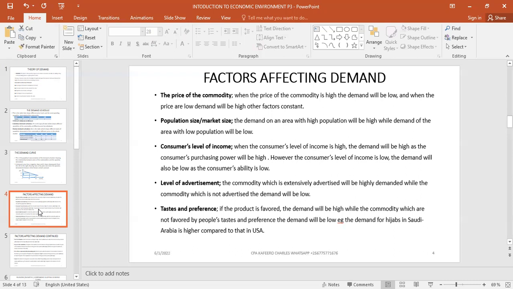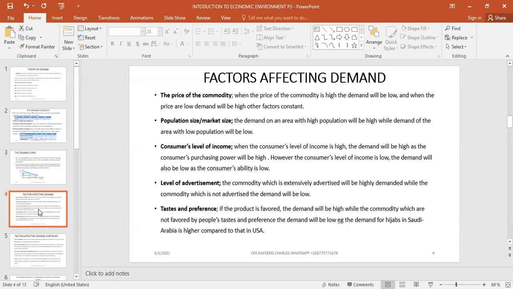So we expect that when the income level is high, then people will have enough disposable income which they can use to buy more goods, which in the end will cause an increase in the quantity demanded of the product.